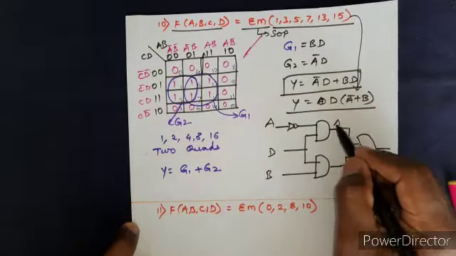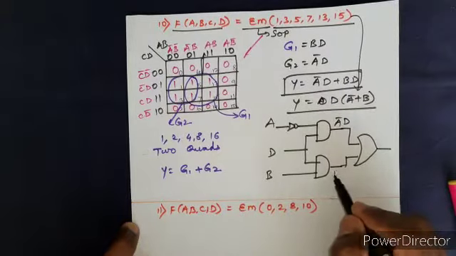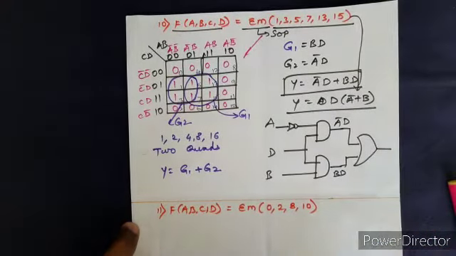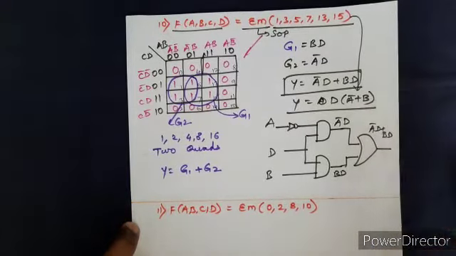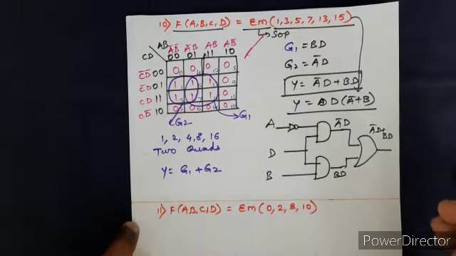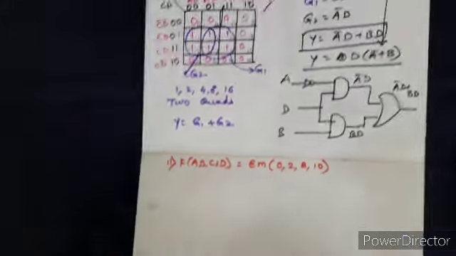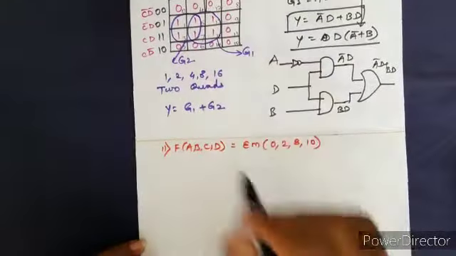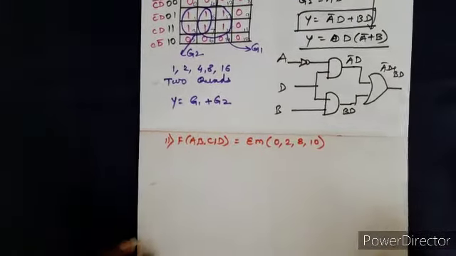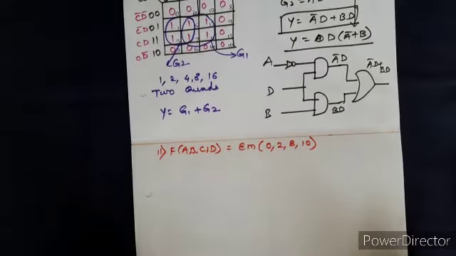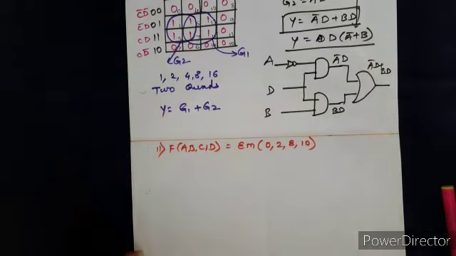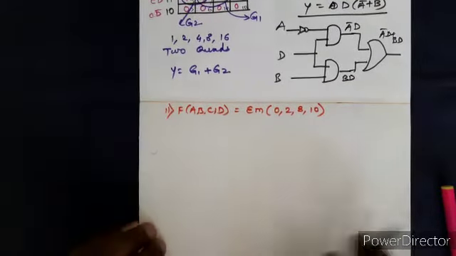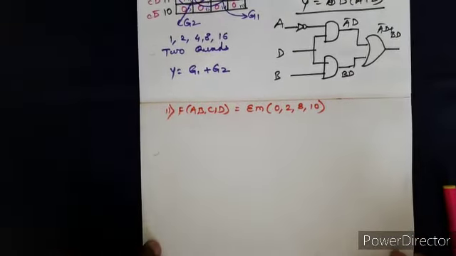Right, so output here is A bar D and here it is B D. So this becomes A bar D plus B D. Okay, so here we have seen a group or a quad can be overlapped, and we can consider even that also, right? Okay, now going for next.